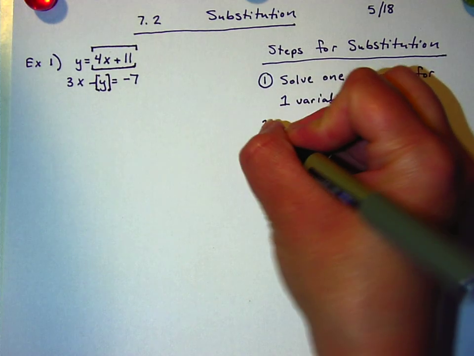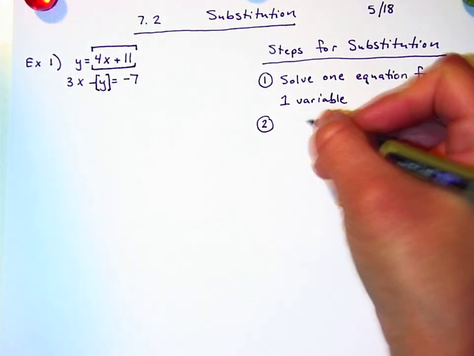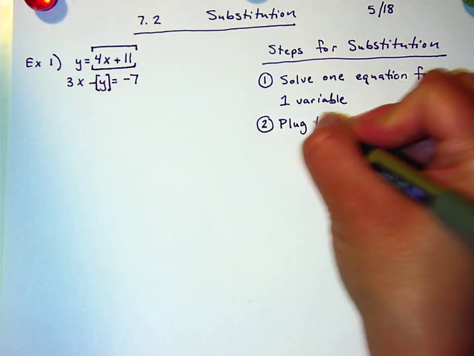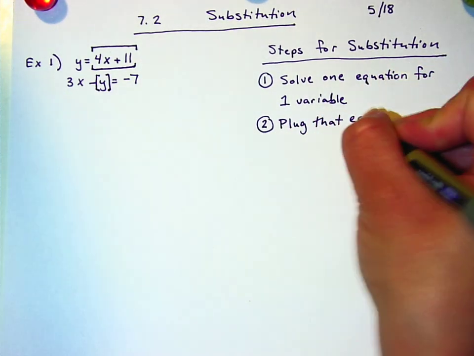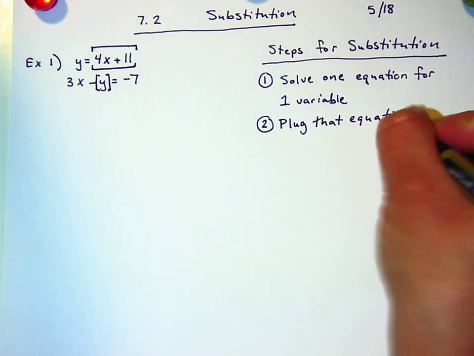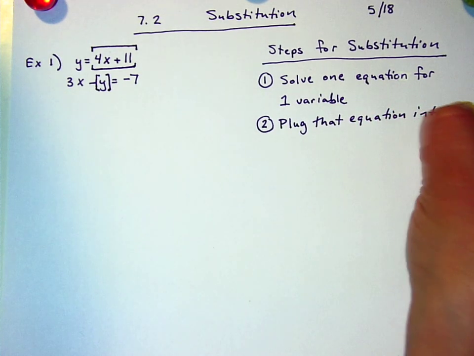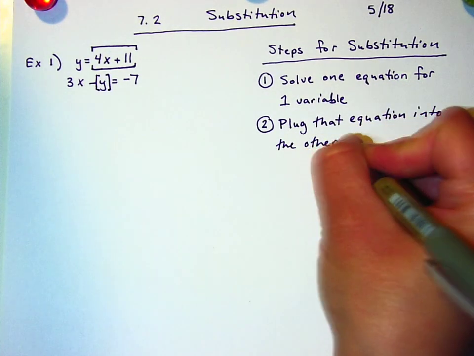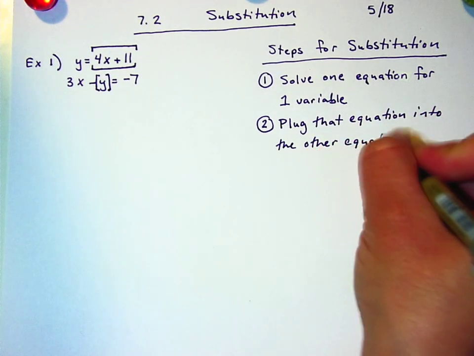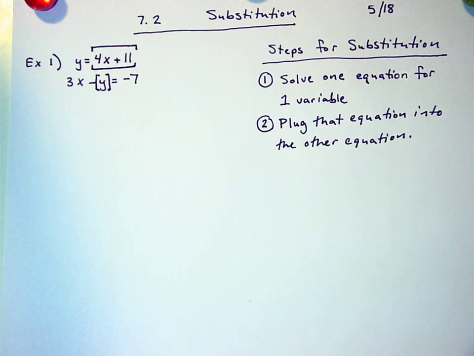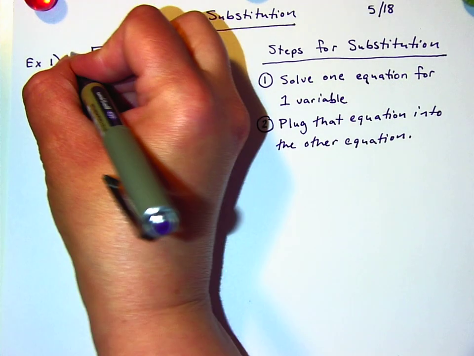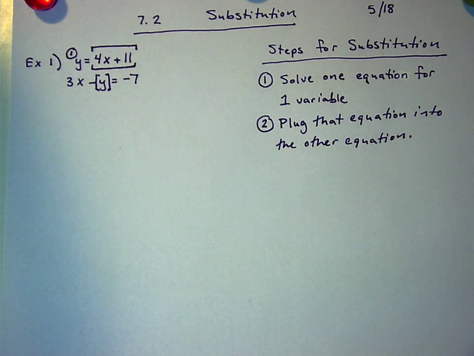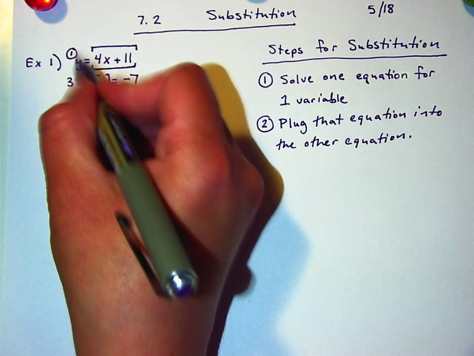So the second step is to plug or substitute that equation into the other equation. Step 1 was right here. Sometimes you have to move stuff around, which is what we'll do in the next problem to make that happen, but this time it already said y equals.